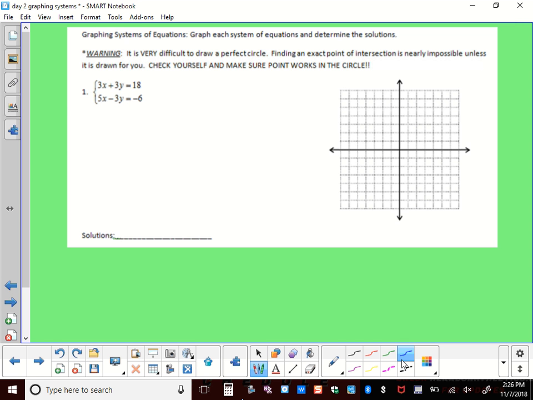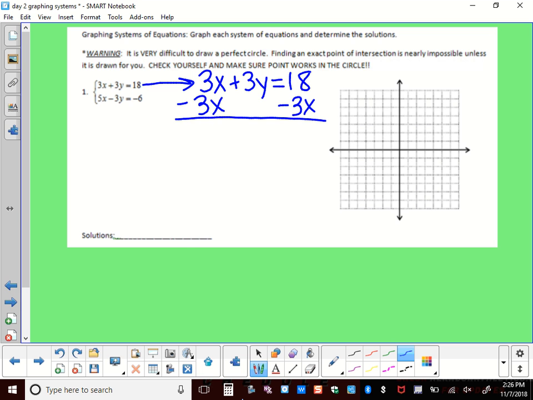All right, so for here, I want you guys to do this. 3x plus 3y equals 18. Dennis, what do I do first? How do I solve for y? Minus 3x. Yep, let's take away that 3x. I'm left with 3y is equal to negative 3x plus 18.